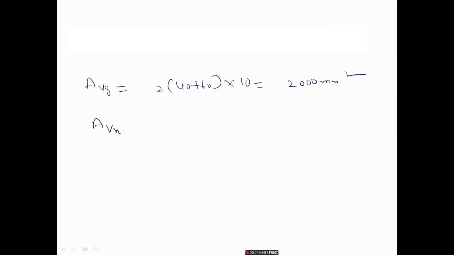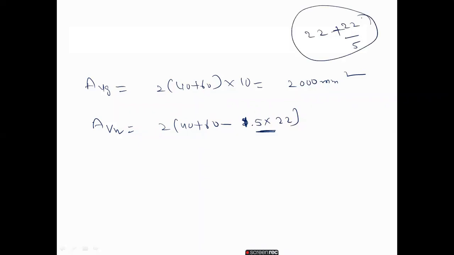Next, Avn, the net area in the shear, is 2 into 40 plus 60 minus 1.5 into 22, the half portion of the hole diameter, multiplied with the thickness. You will get the answer 1340 mm square.